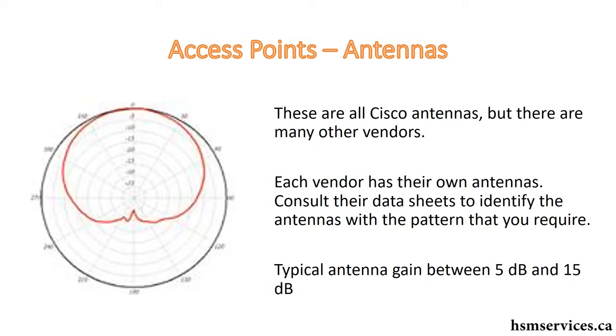And the typical gain for an antenna is between 5 and 15 decibels. So it's a good gain. How far that signal travels depends on the area that you have. Is it outdoors? Is it indoors? Is there metal shelving that can detract from the coverage area?